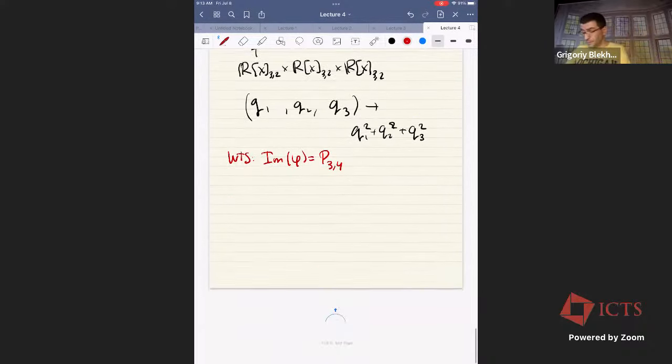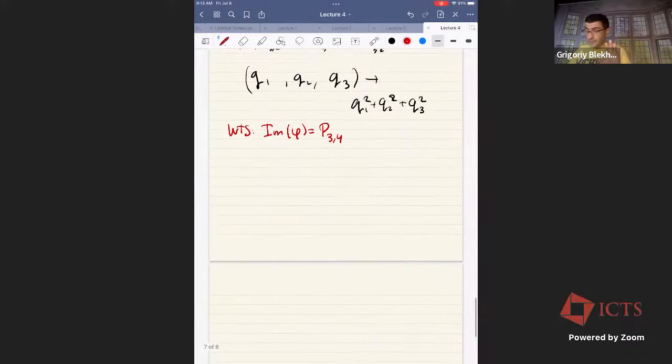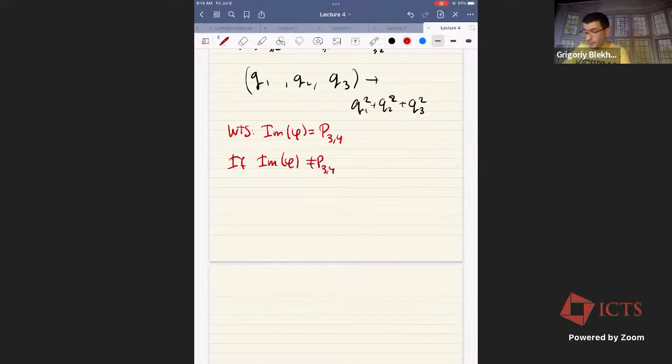That is what I mean, I'm being slightly imprecise. So if the image of phi is not equal to P34, then there should be points on the boundary of the image.